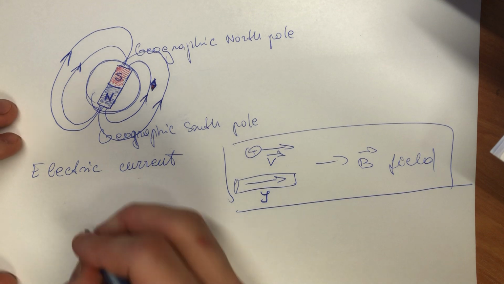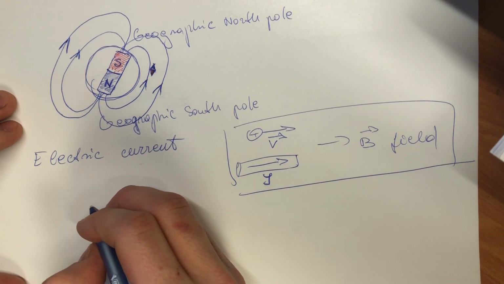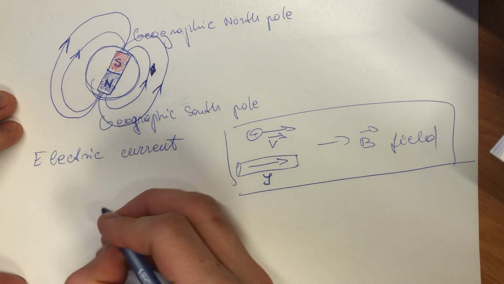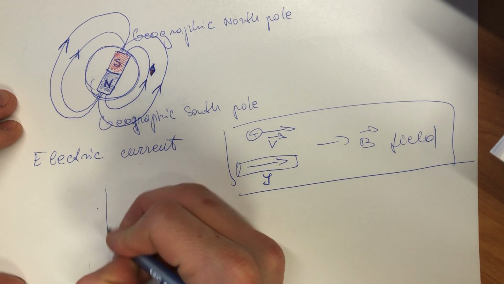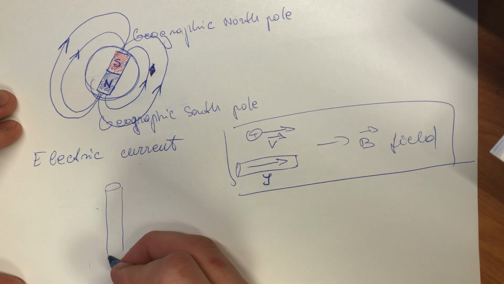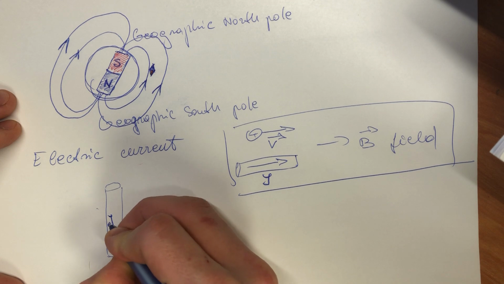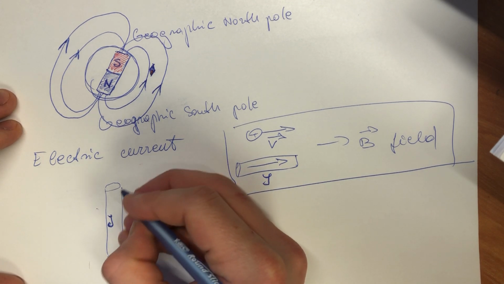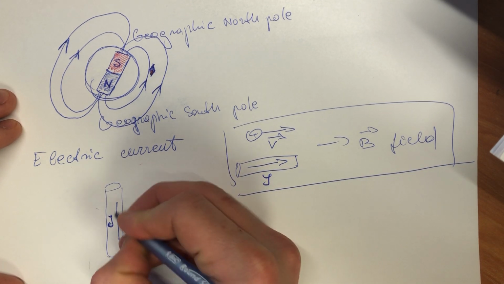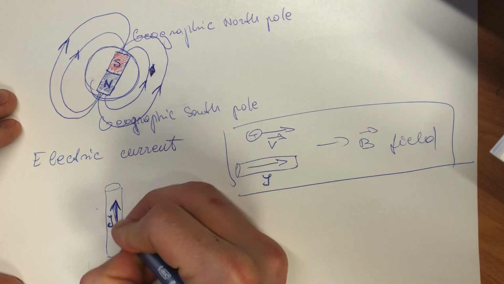And if we have a wire and the current is flowing in this wire, how do we determine the magnetic field direction?